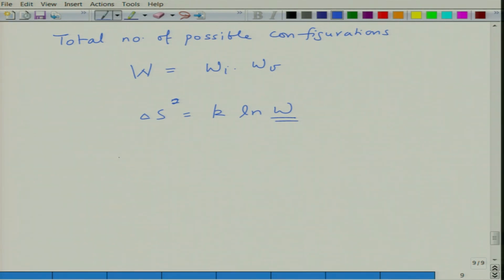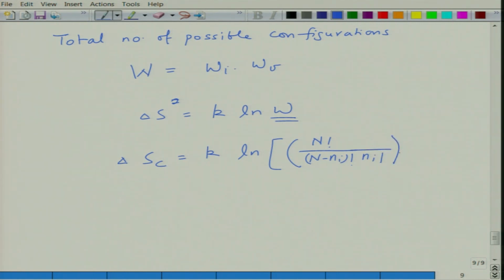What you will get is delta Sc equal to k of ln factorial n divided by factorial n minus ni, into ni factorial, into capital N factorial, into nv factorial. And since we know that nv is equal to ni, we apply that.